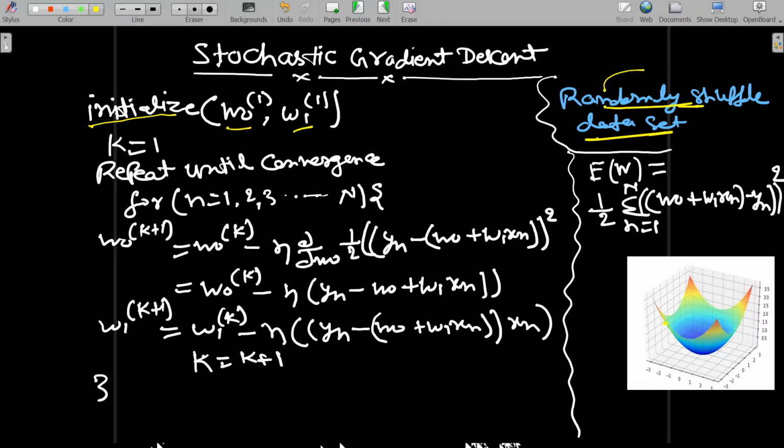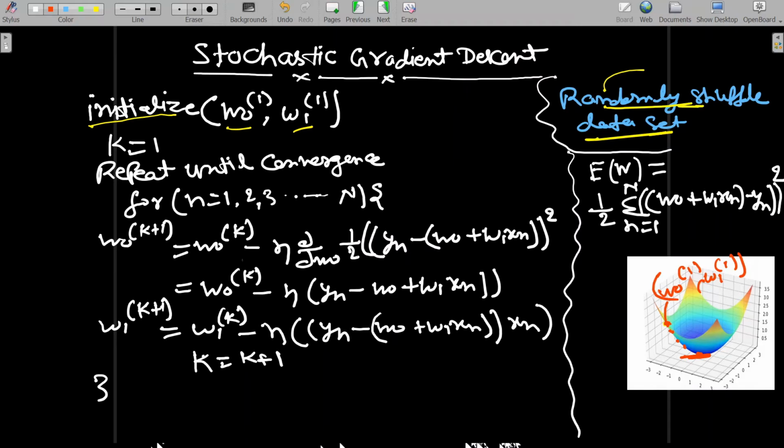In this graph you can see, you start from here, and I am saying that this is w01 and w11. So this is the first point. Now we have to find out the points here, here, here, so that it will reach our minimum point.